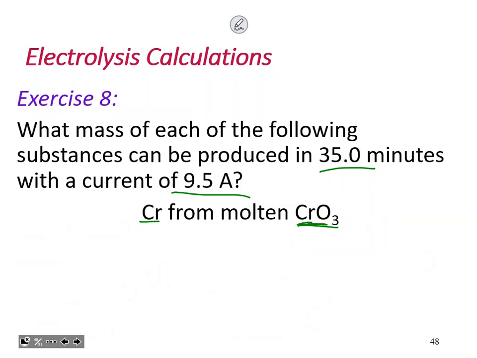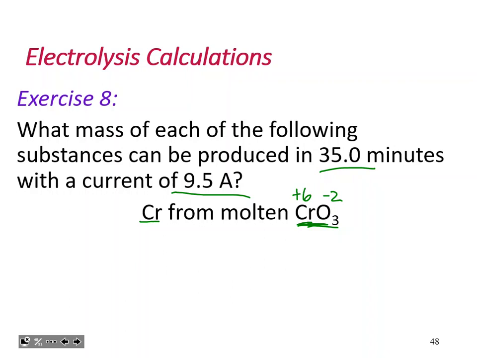So I need to figure out what is the charge here for my chromium in my CrO3. Oxygen's -2, so what is going to be the chromium's charge there? Yeah, this has to be a +6. So that means this is going to be 6 moles of electrons.